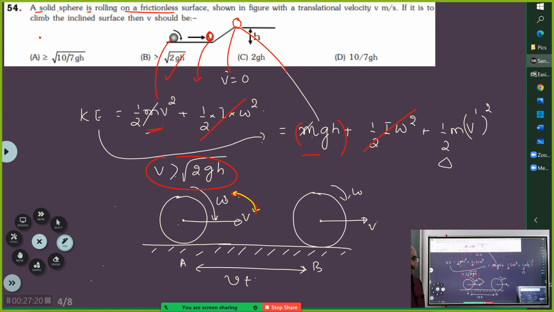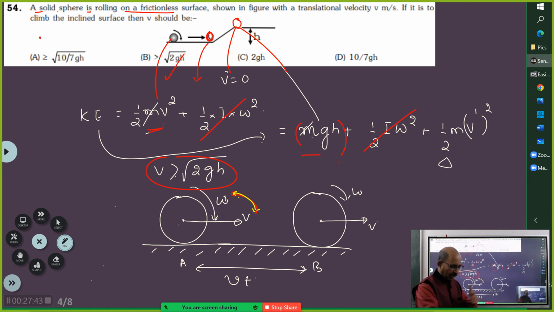Understood? Now, those of you, I went on stressing, read it carefully. When they say it is frictionless, then immediately you should know, the body is there, the surface is frictionless. So what happens? Can it roll? It cannot.